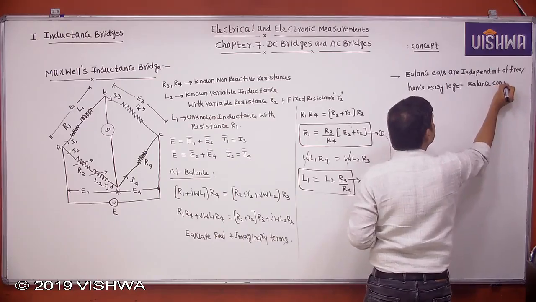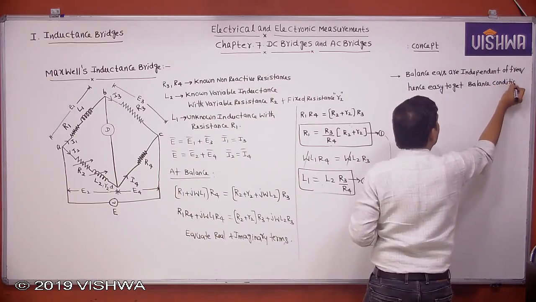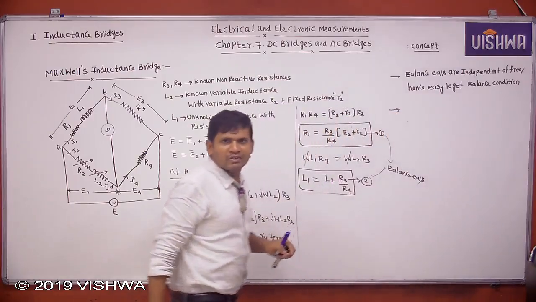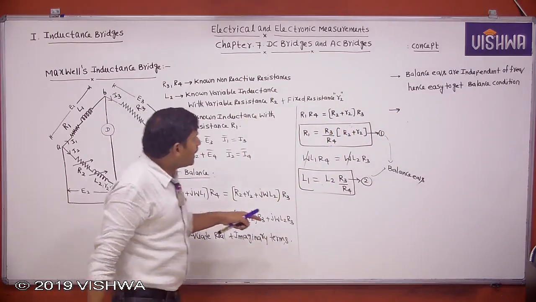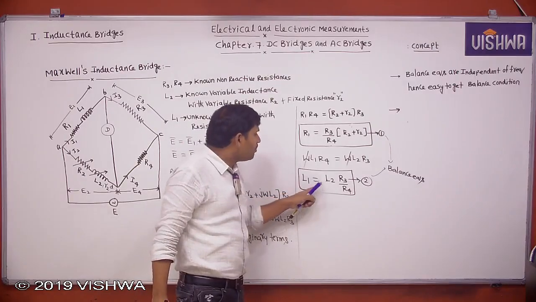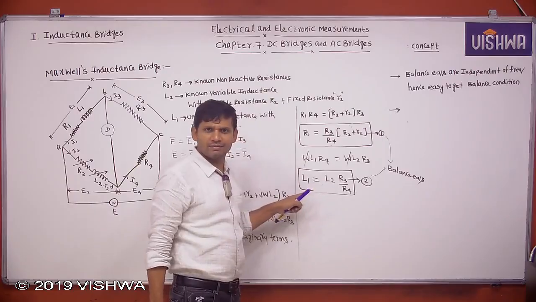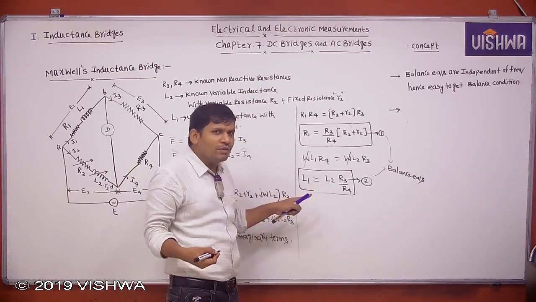Next, this is an important point. In a Maxwell's inductance bridge, the unknown inductance is measured by comparison with the known value of variable inductance. Questions are also asked based on these statements.